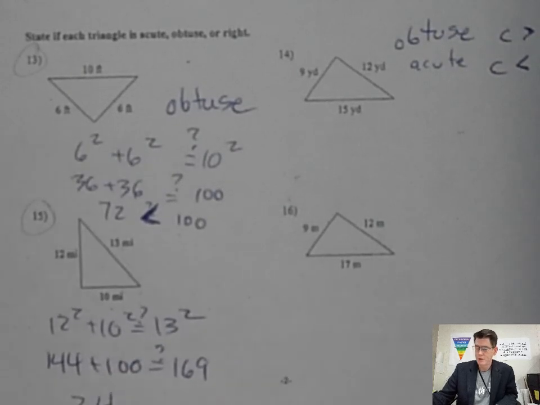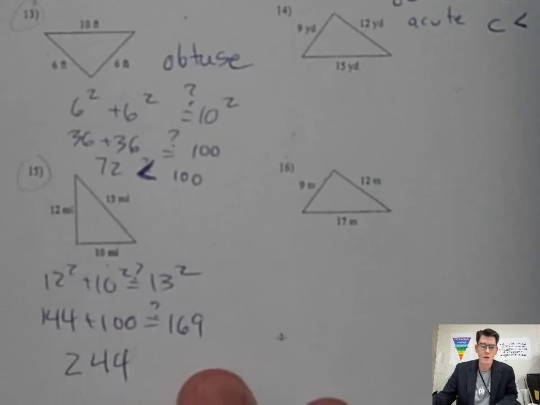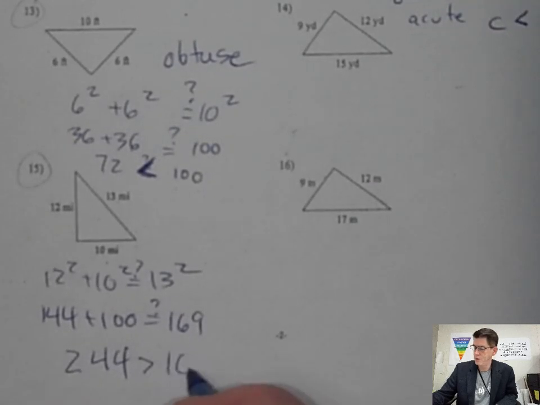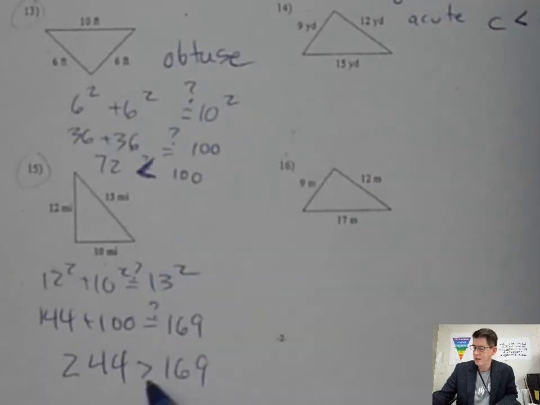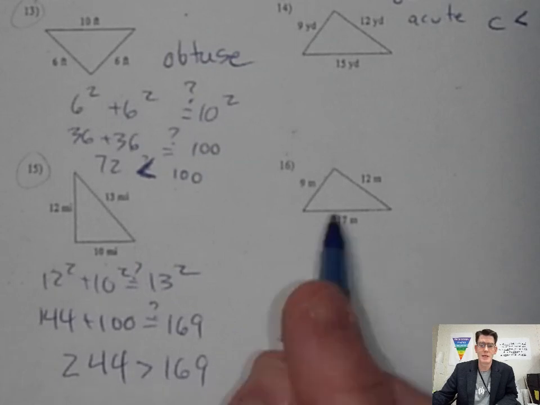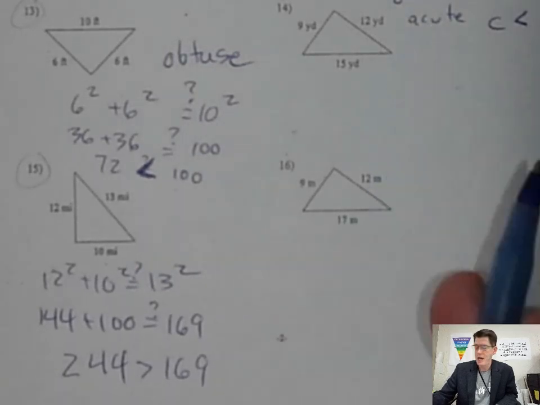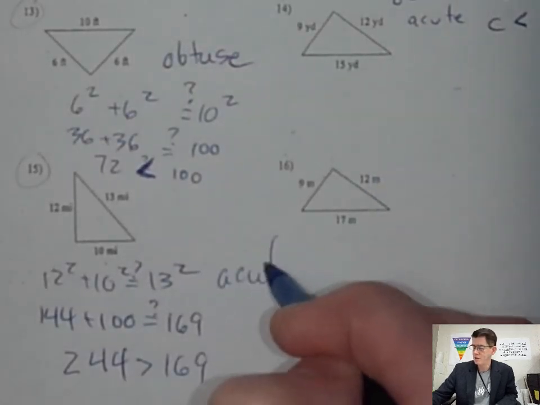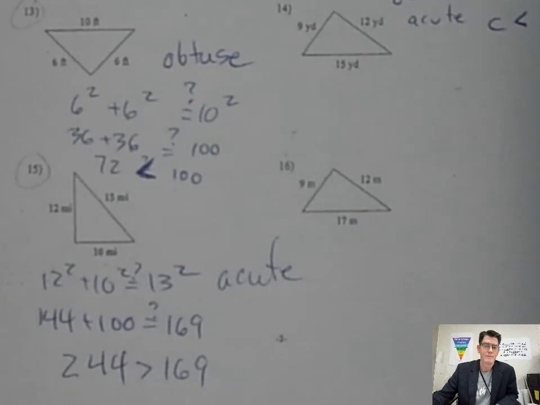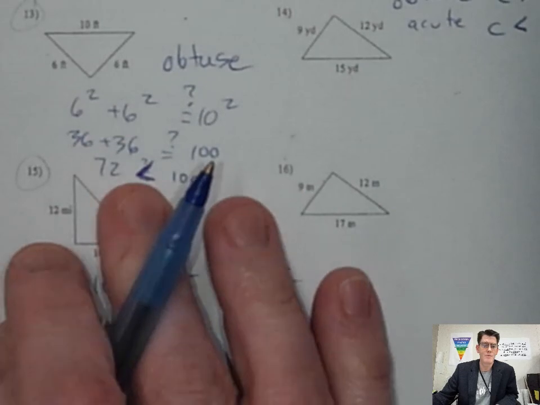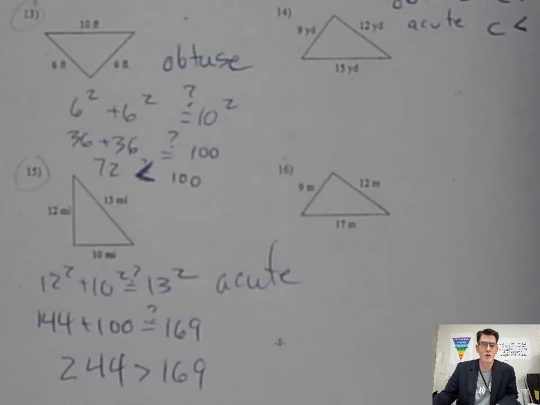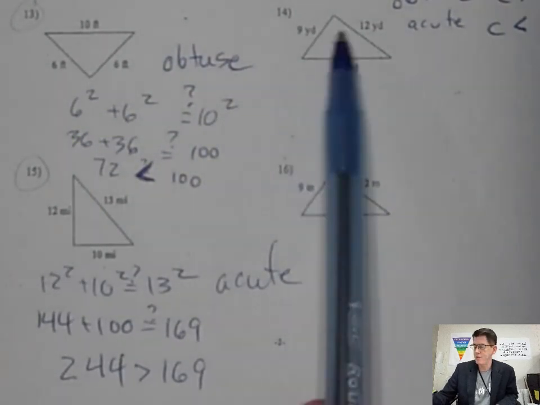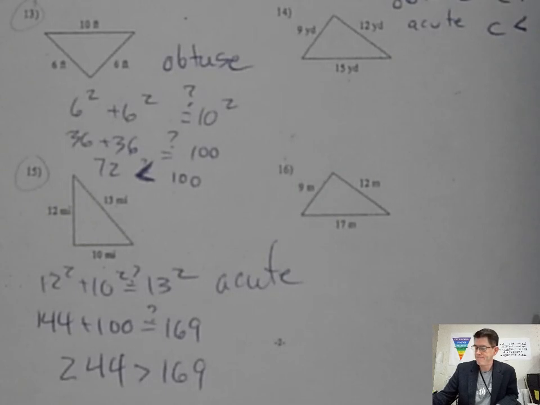Well, 244 is bigger than 169. So this 13, this is smaller. The C is smaller, which means it's an acute triangle. There we go. We got it. You can do those other two the same way. You might be able to see a 3, 4, 5 triangle here.